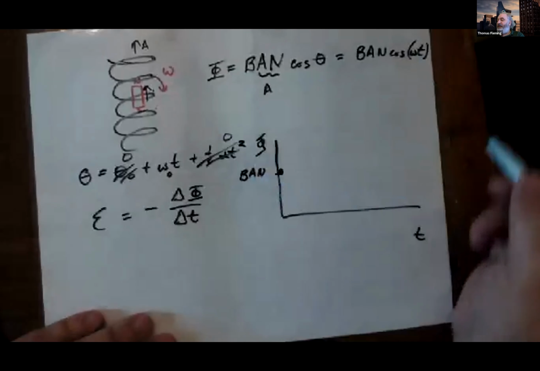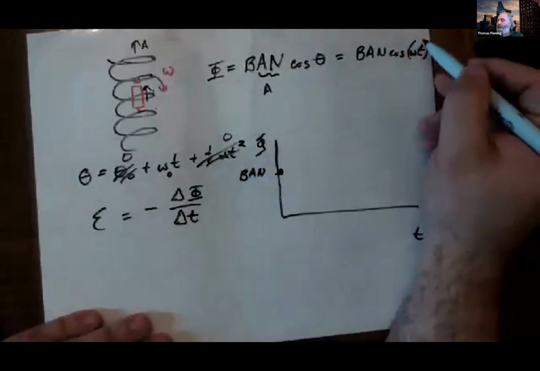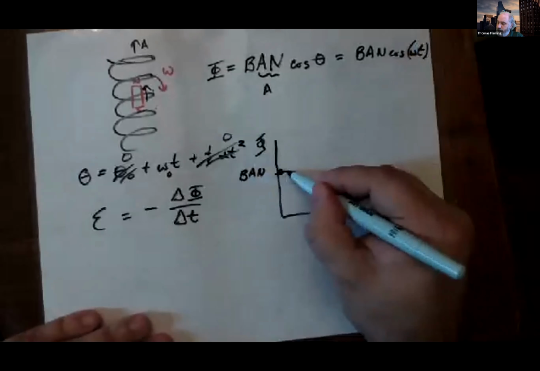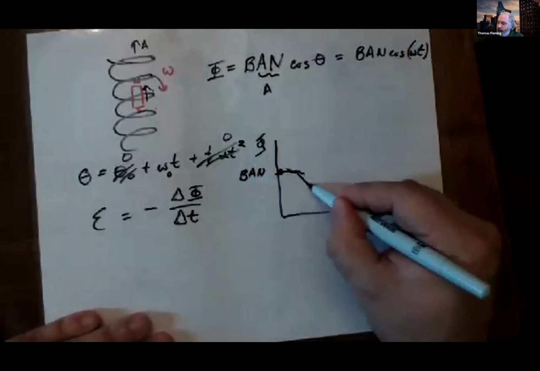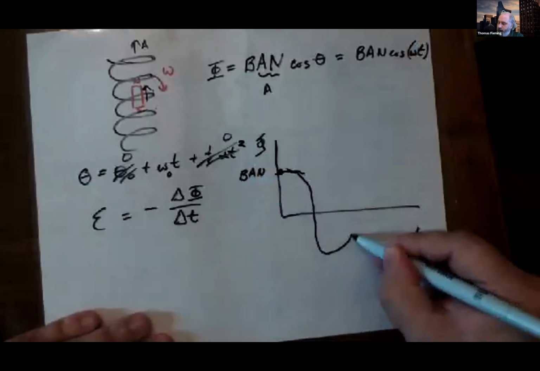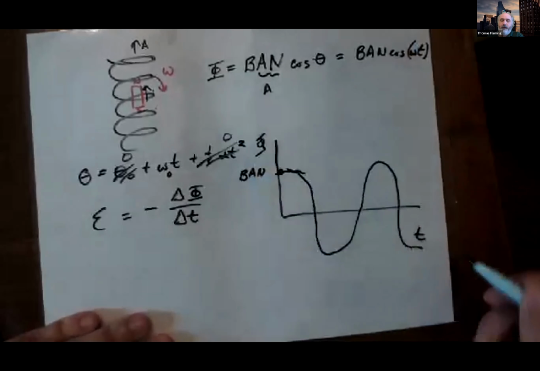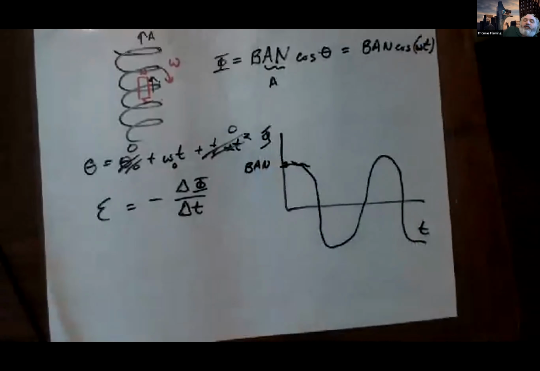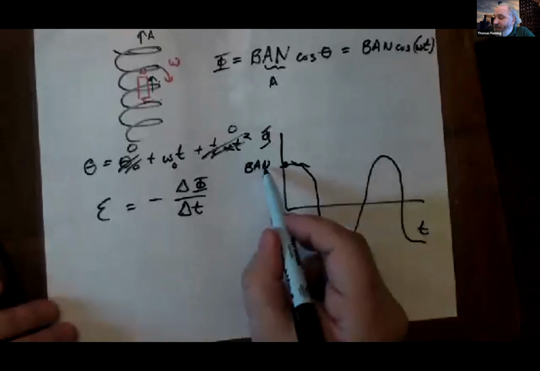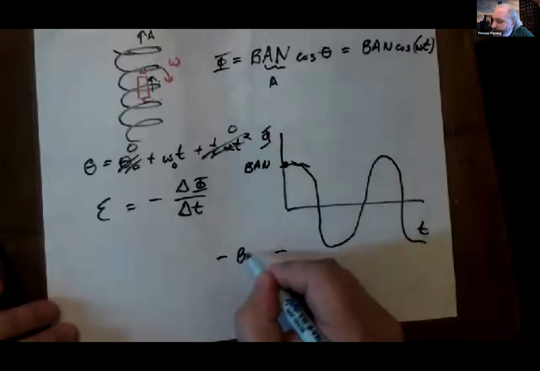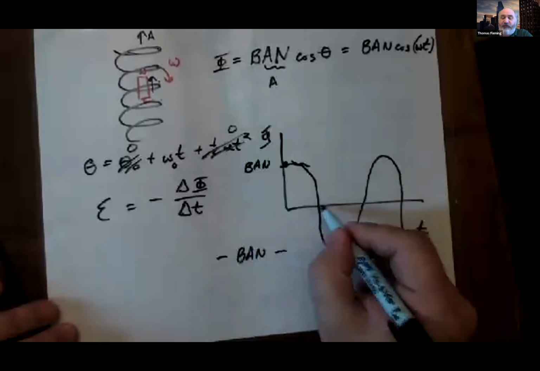Now what's going to happen is this is going to be multiplied by this cosine function, and the cosine function is going to look like that. So the amount of flux that I have at any given moment is going to change like a cosine. It's going to go from BAN at the max. Down here, it's going to be negative BAN. And then there's going to be places where it crosses zero in between.